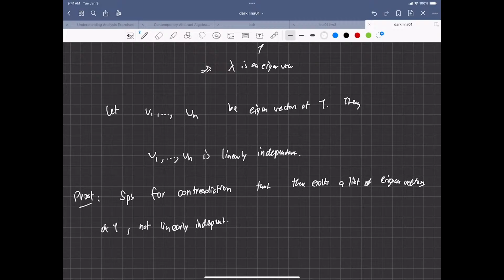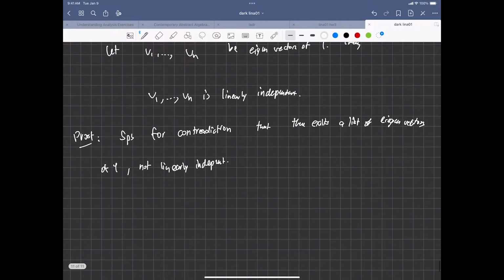So we now assume that V1 through Vk is not linearly independent. All right, and also assume that this is the shortest list.